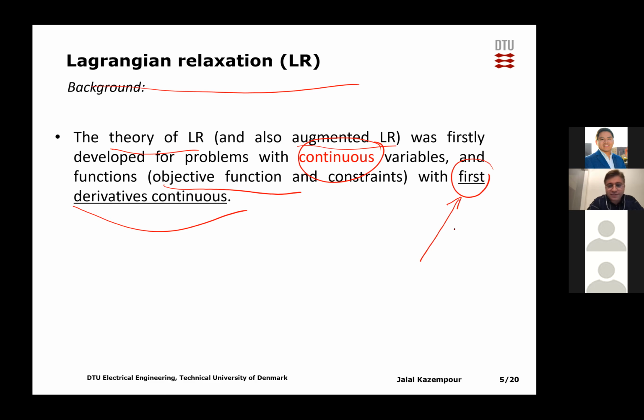If our objective function has a continuous first derivative, it means that if we take the first derivative, the term is still continuous, not constant. For example, the objective function is quadratic, while if the objective function is linear, the first derivative is not continuous, it's constant. We will talk about that.